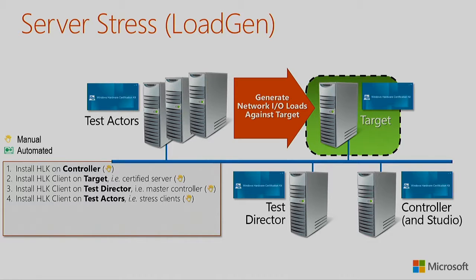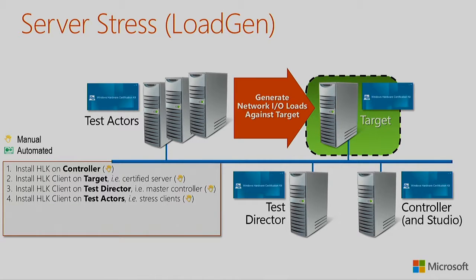The other components in this topology, the test director, the test actors, and the target, are all passive components, meaning that you don't need to actively connect to those systems in order to do anything on them to complete the test. The tests automate the process.